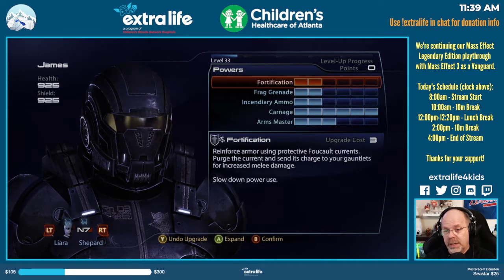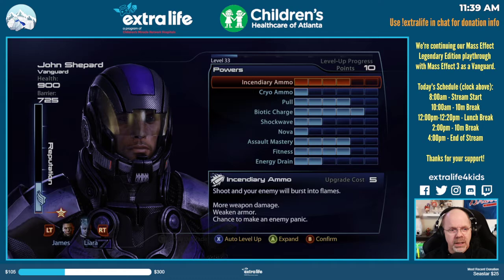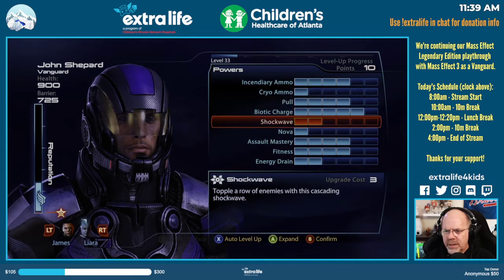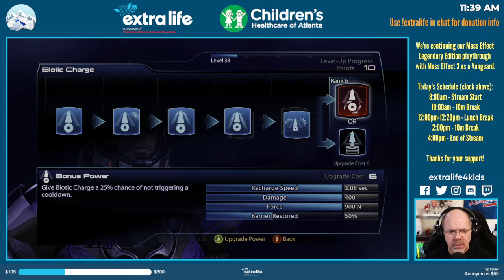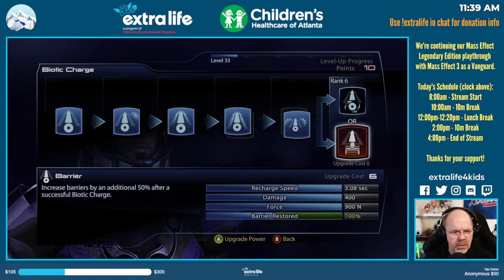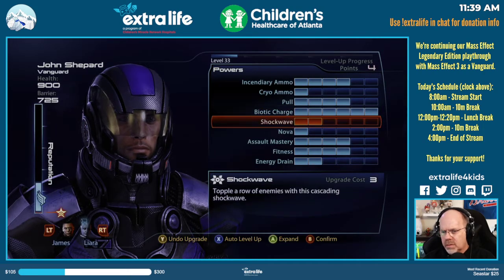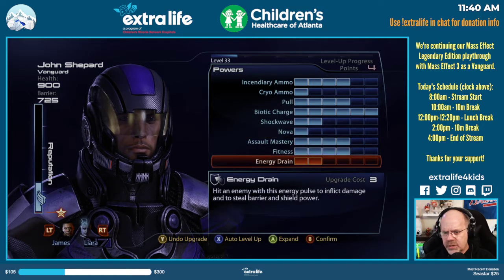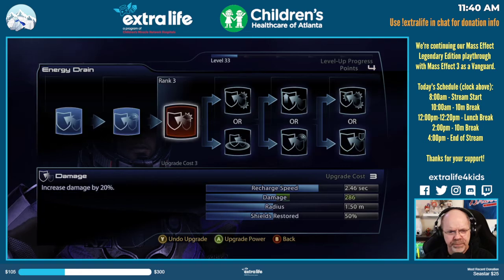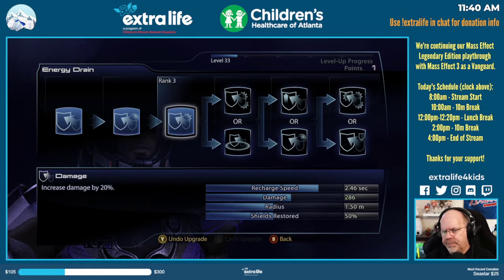I almost took it for myself, actually, but decided to get energy drain instead, as you can see. Nova, biotic charge. We got 4 left. Energy drain. Do that.